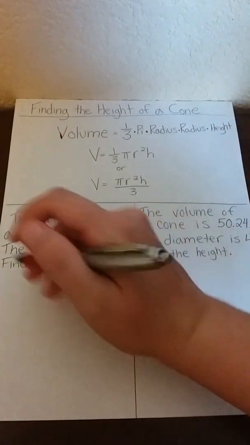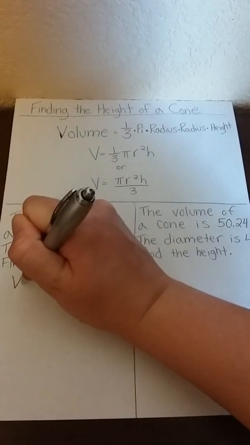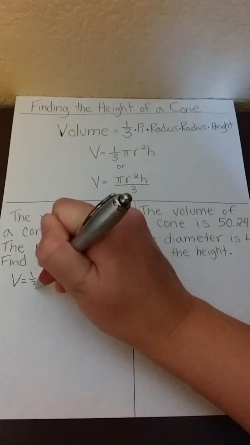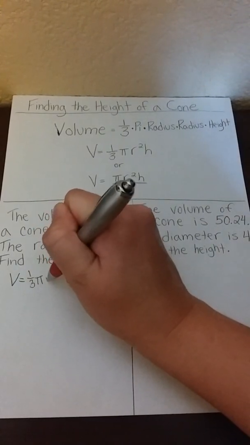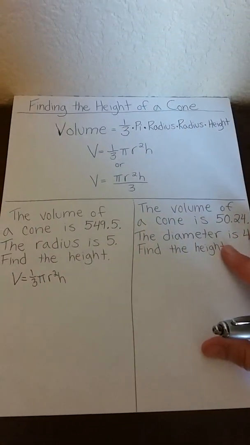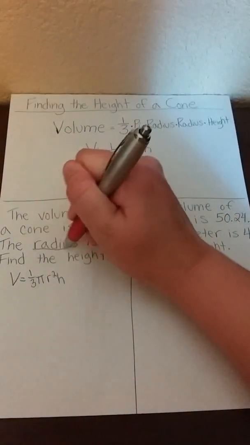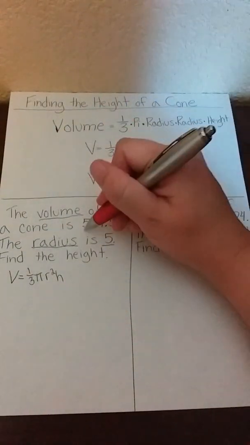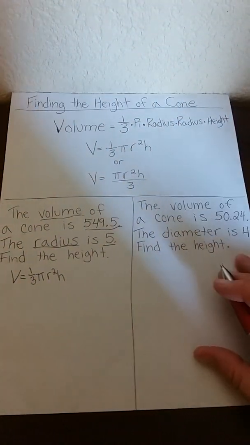So we're going to go ahead and write that down. V equals 1/3 pi radius squared height. And I'm going to plug things in. I know the radius is 5, and I know the volume is 549.5.